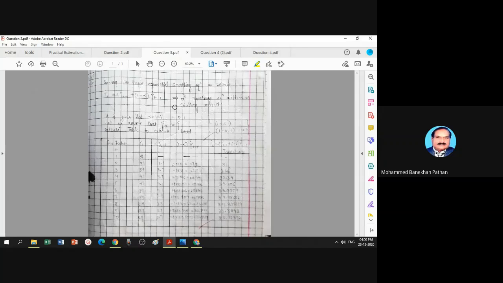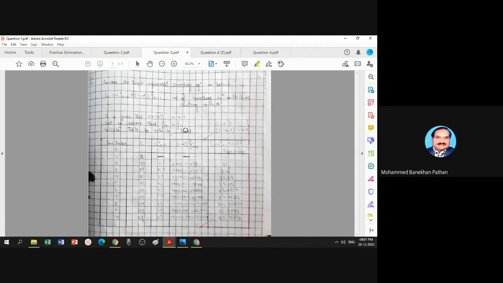This is called the exponential smoothing equation, where alpha is called a damping factor or smoothing constant, which is given to you as 10%, that means 0.1. We assume that y hat 2 is equal to y hat 1.